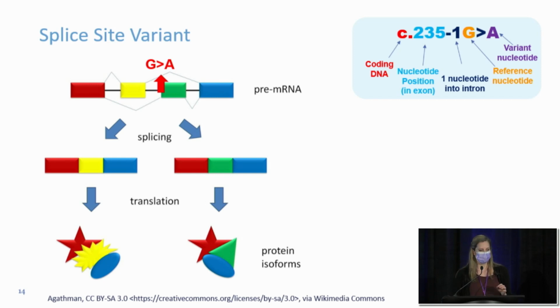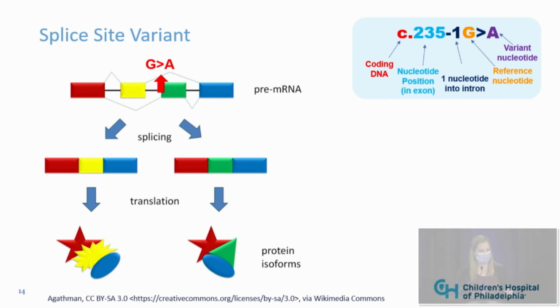So this is saying it's the 235th letter that's included in the final protein, and then you go backwards one into an area that is not included in the final protein, and that's where our specific letter change is. So you can see this is sort of right at that border on the green one. It's into an area that's not normally included. And then we just showed G to A, showing what the specific letter change was.